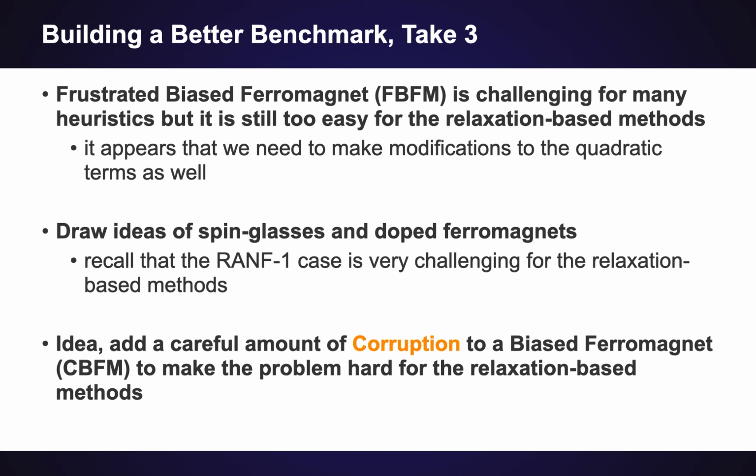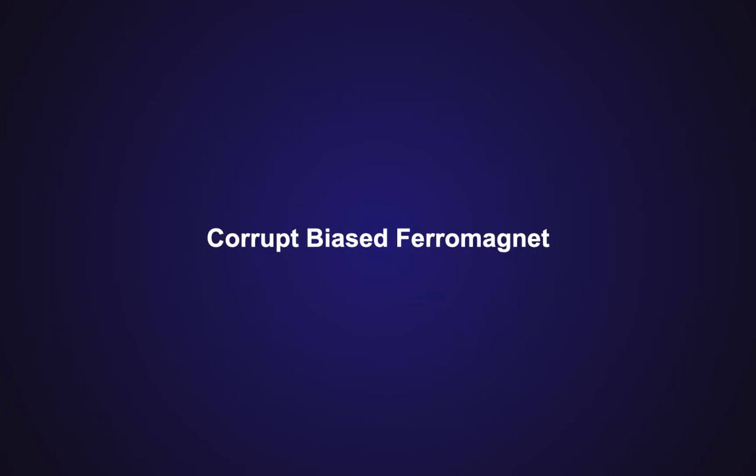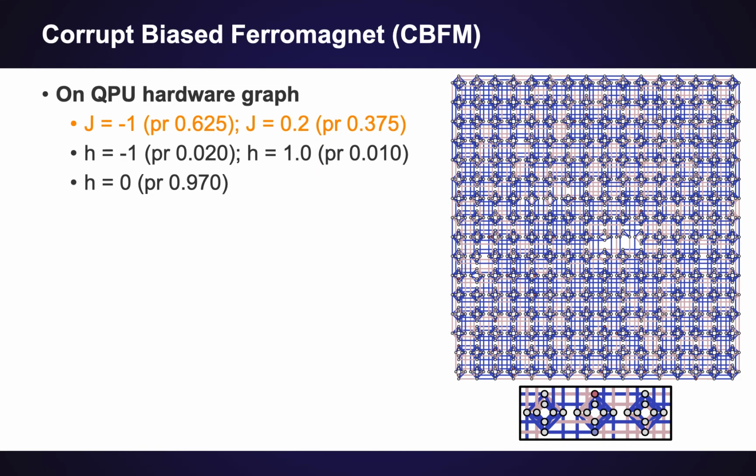So the core idea here is to add a careful amount of corruption to this biased ferromagnet instance to make the problem hard for these relaxation-based methods, but also not to lose the structure we've seen before with the 2 wells. So this is the final instance we propose, called the corrupted biased ferromagnet. Here we take the biased ferromagnet and then we add as well a change in the J's.